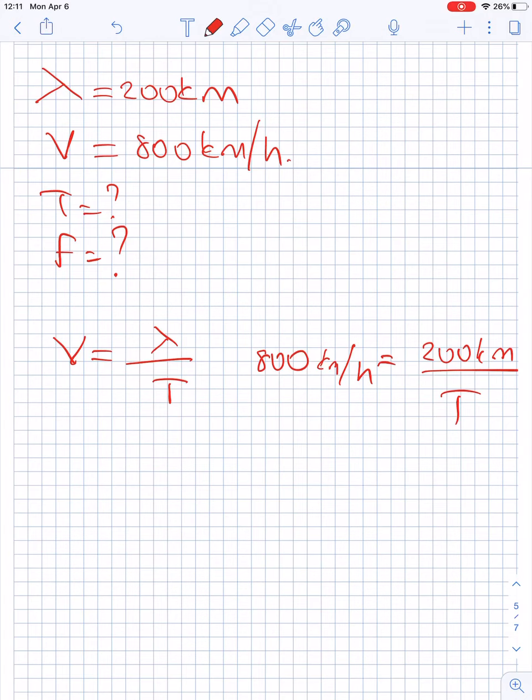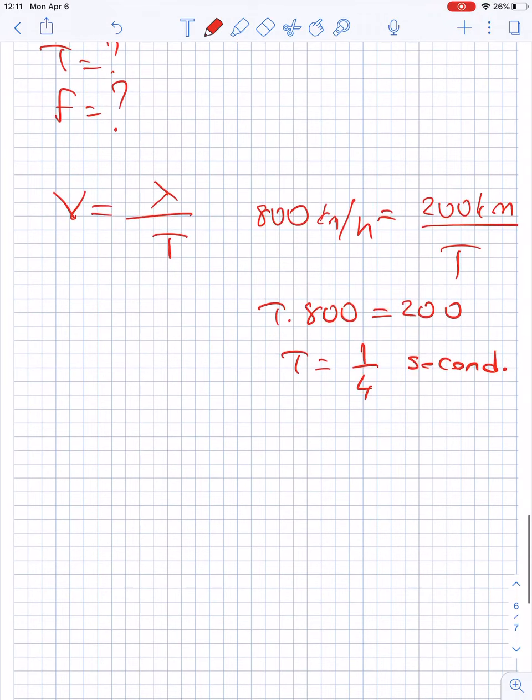After calculating, T multiplied by 800 is equal to 200, and T is equal to 1 over 4 hour. Okay, if we know the period, we can also find the frequency, because of the relationship between period and frequency: T multiplied by f is equal to 1. If period is 1 over 4, frequency is 4 per hour.